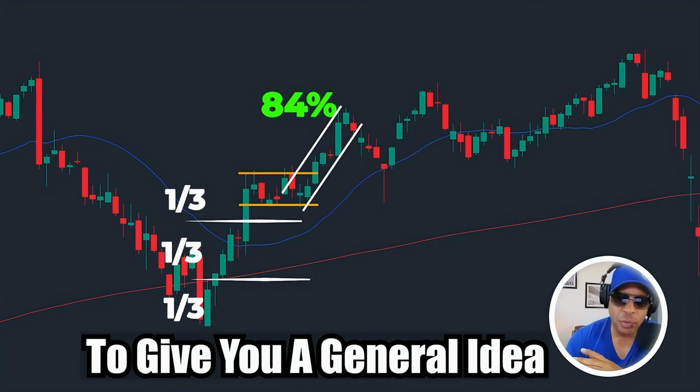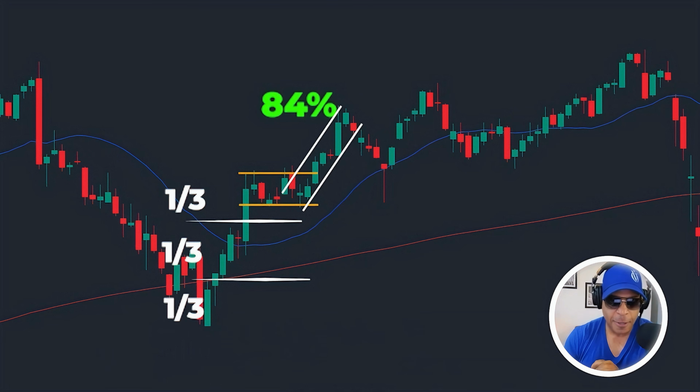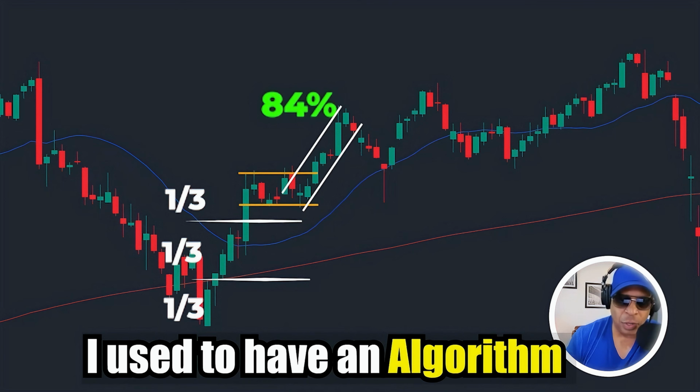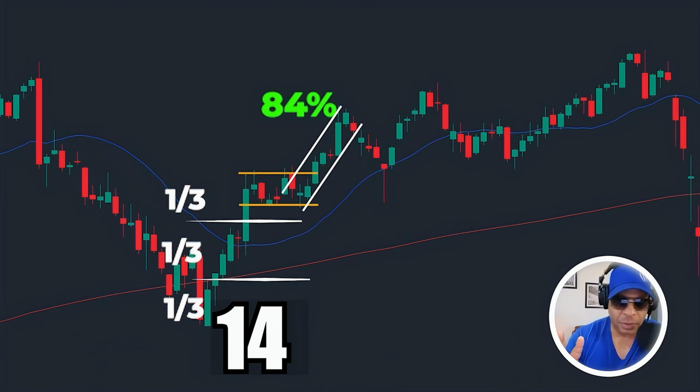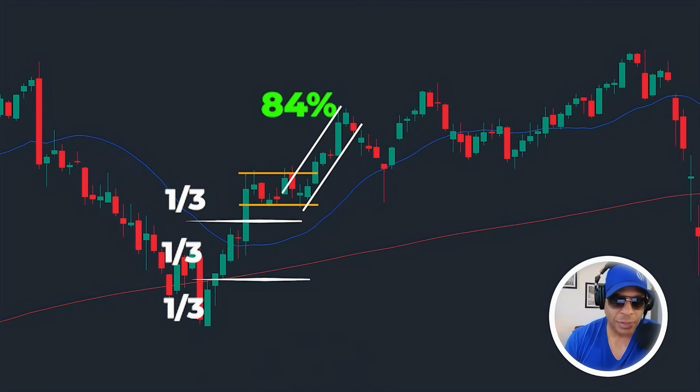Now, to give you a general idea of how powerful 84% is, guys, I used to have an algorithm. I had 14 of these algorithms that I designed back in 2002, 2003.